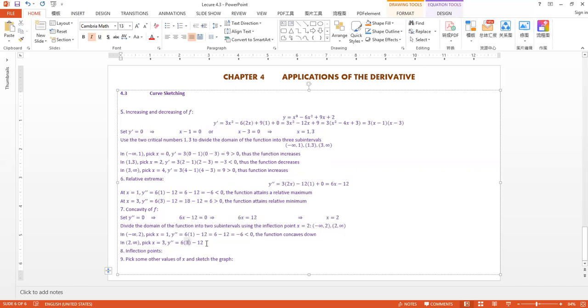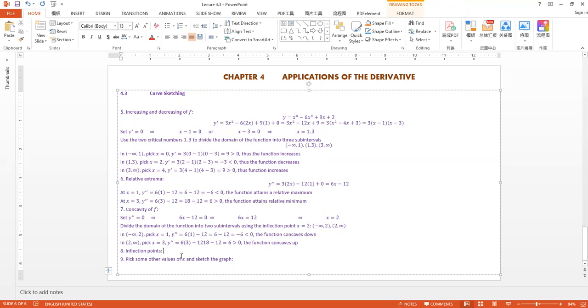So that's 6 times 3, which is 18, minus 12, so that's 6. So it's positive. That means the function concaves up. That's what we do with the second derivative and what the second derivative tells us.